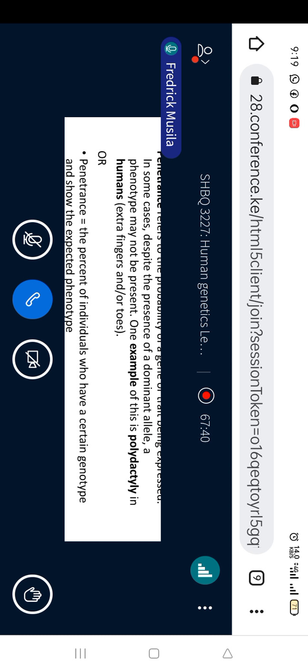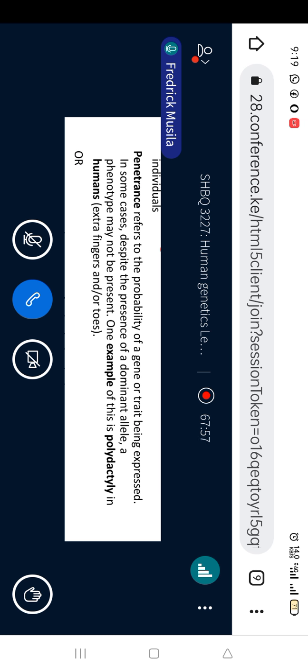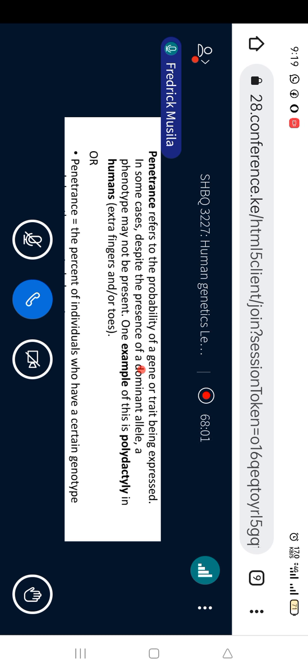Out of 100 people which you are sure have a particular gene, some don't show the phenotype resulting from that gene. That's where the idea of penetrance comes in. Penetrance refers to the probability of a gene or a trait being expressed. In some cases, despite the presence of a dominant allele, a phenotype may not be present.